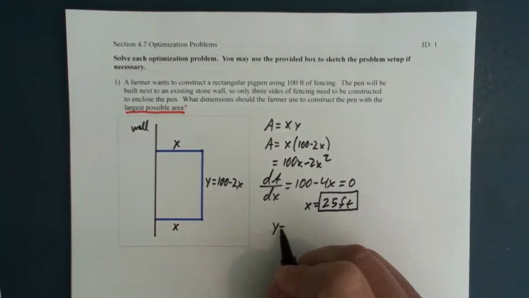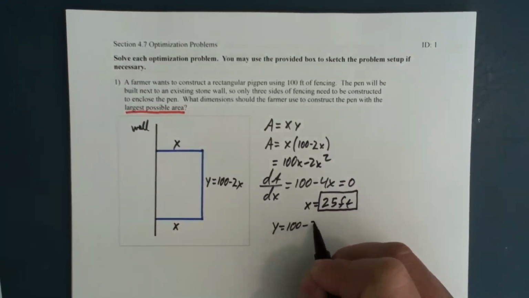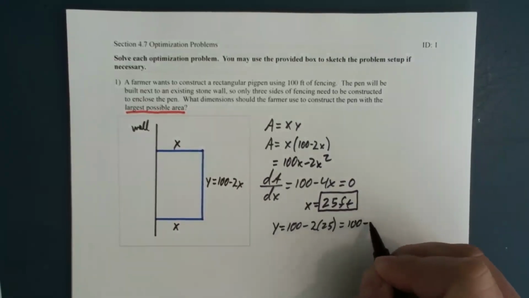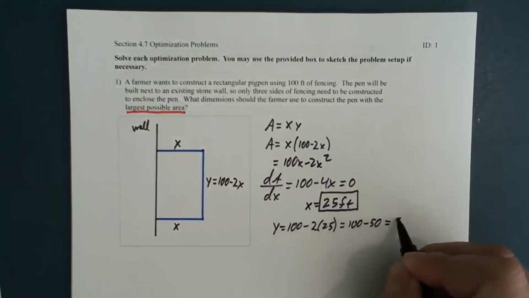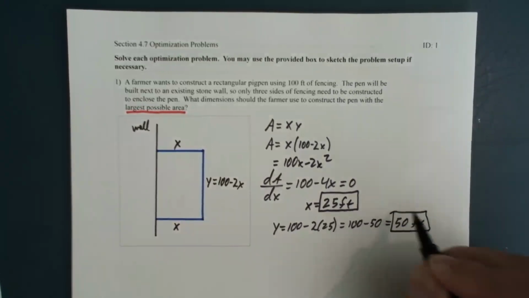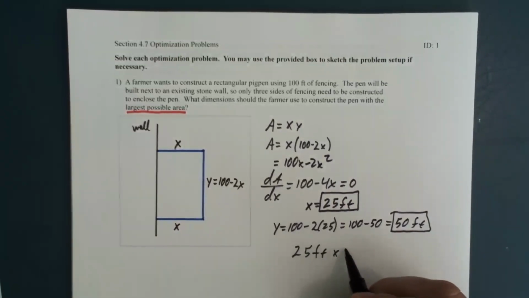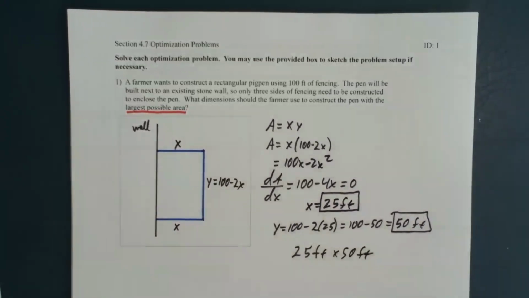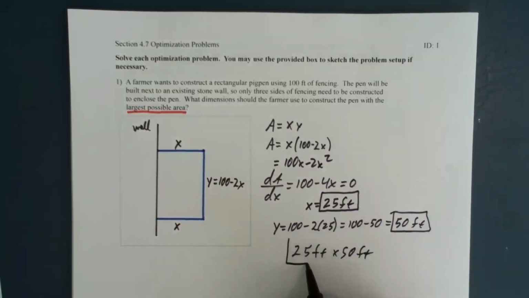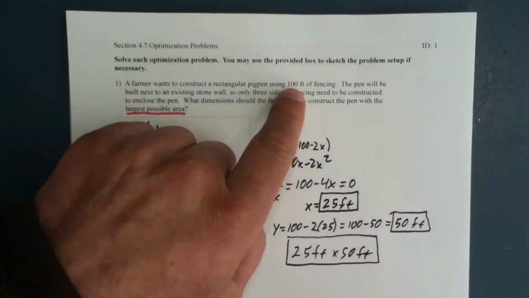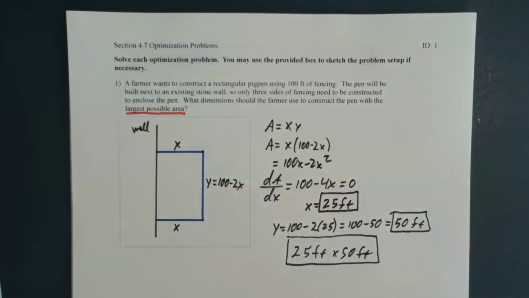To get y, I'm going to have to go 100 minus 2 times 25. So this is going to be a 25 foot by 50 foot pig pen. And that will give us the largest area. So again, we were given a constraint, only 100 feet of fencing, but how can we maximize the area?